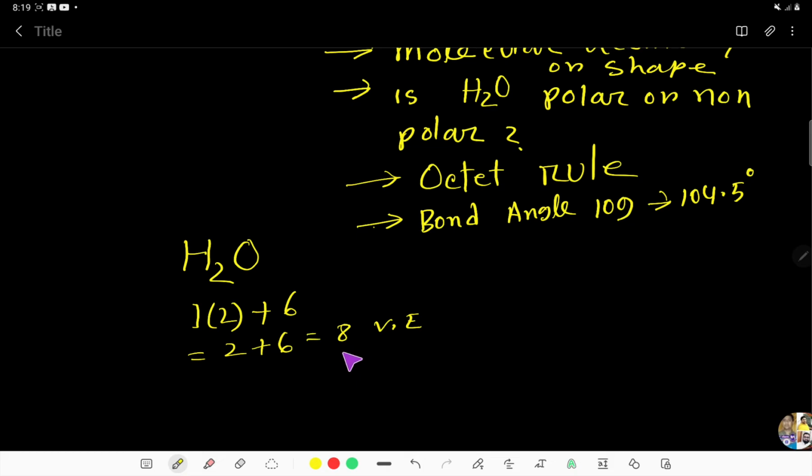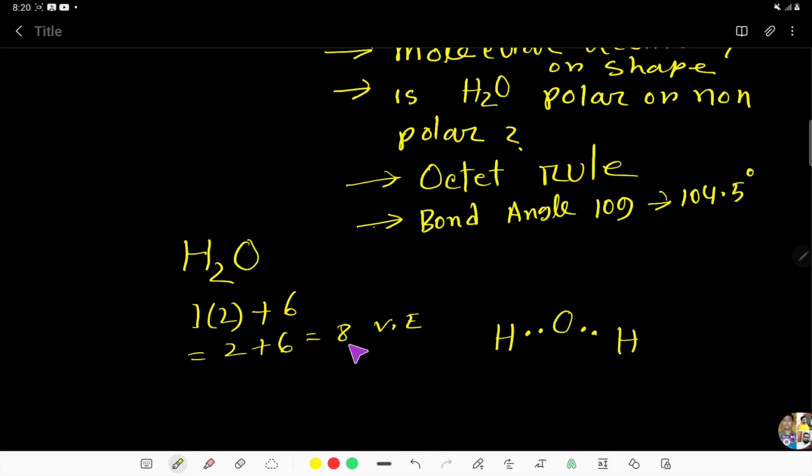These 8 valence electrons have two tasks at the same time. The first task is to connect these atoms together, right? You know that hydrogen is always considered an outer atom. So to connect, you have to put just 2 dots for each bond.